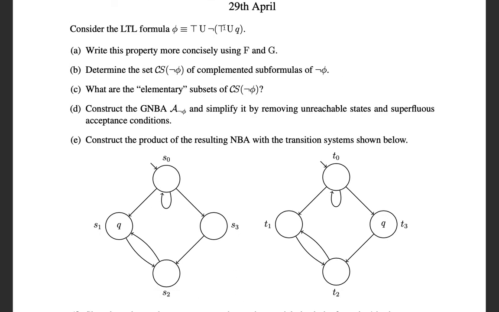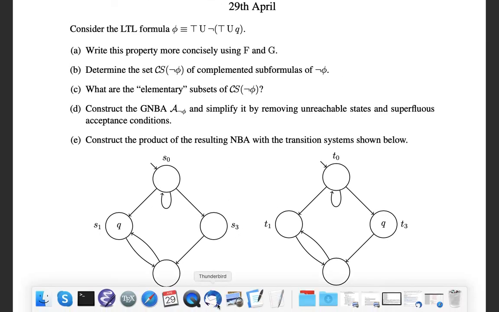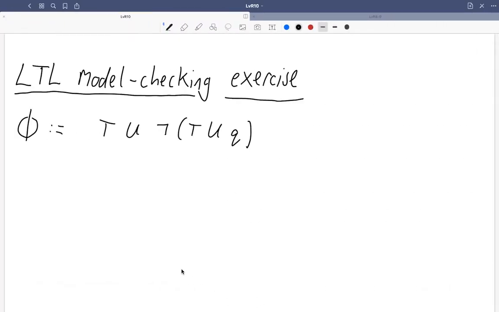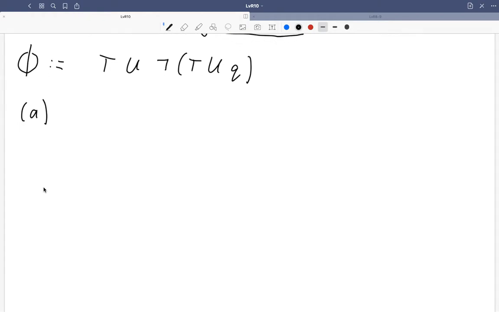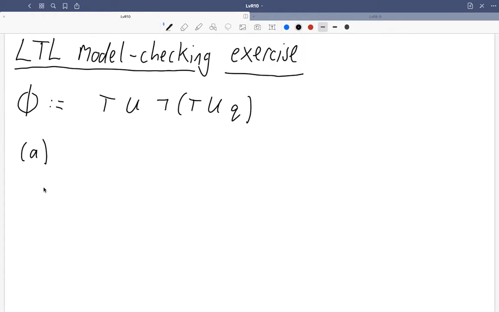So we go to true until not true until Q. Yeah. So part A is we want to understand this formula more easily in simpler terms in terms of the F operator and the G operator.